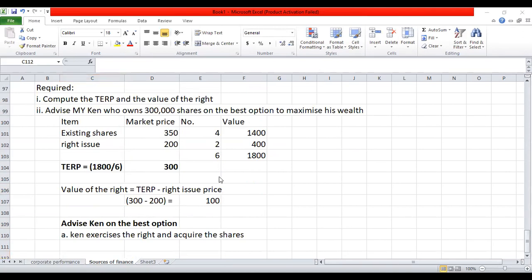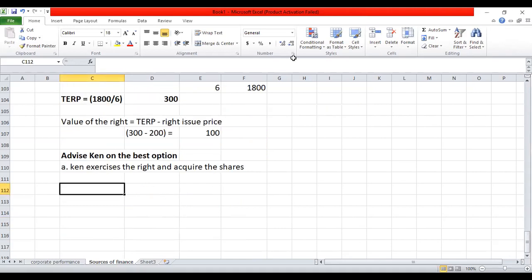If he exercises the right and acquire the shares, how many shares will he get? I said the value of the right means that in case you don't want to exercise your right, you can sell your right to another individual at 100. If you don't do anything, it means you are going to lose this money. Okay.